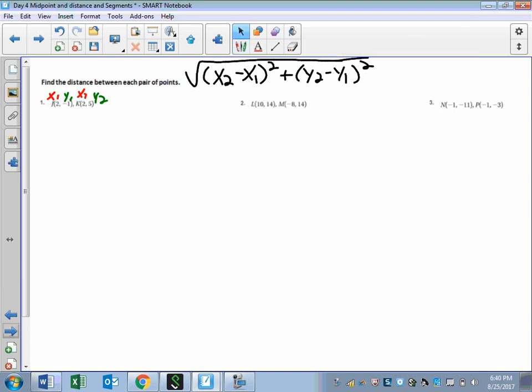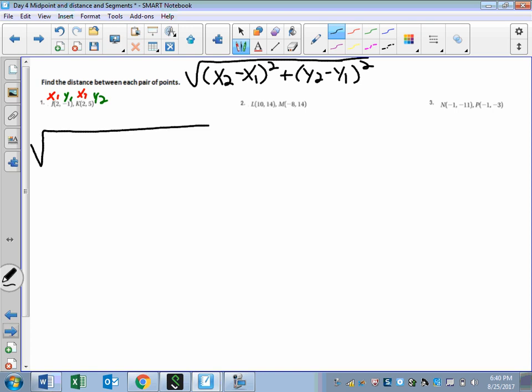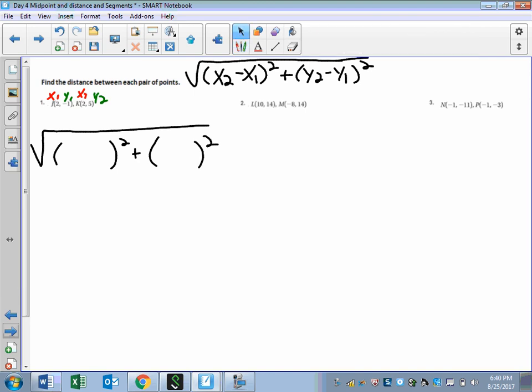So now, let's plug it all in. We got our big square root, we got our parentheses squared plus parentheses squared. So we're going to plug in the x's. So we got x2 minus x1. They're the same, so it's going to be 2 minus 2. And then y2 minus y1, well, y2 is 5, and y1 is -1, so minus -1.